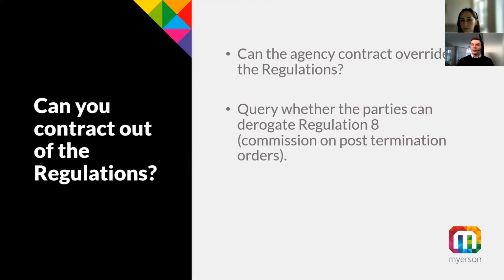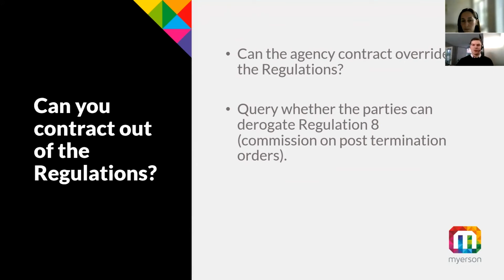So, for example, if a principal was to try and limit the minimum notice period that they have to give to an agent to say 1 week, then that would be a clear derogation from the statutory minimum notice requirements provided by the regulations, and this term would be void if included in a contract.